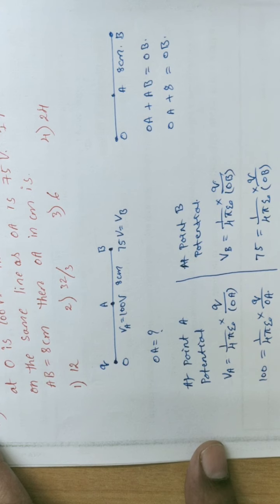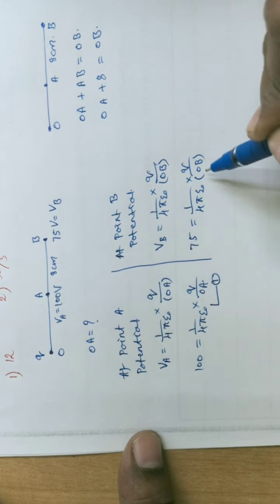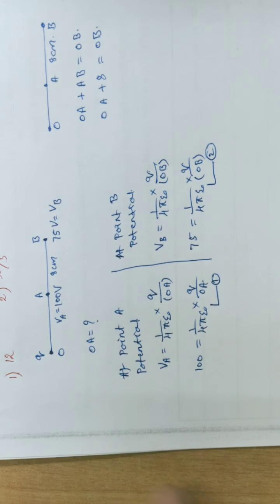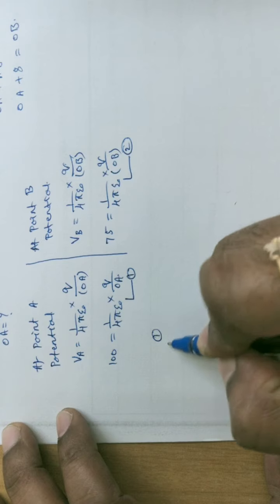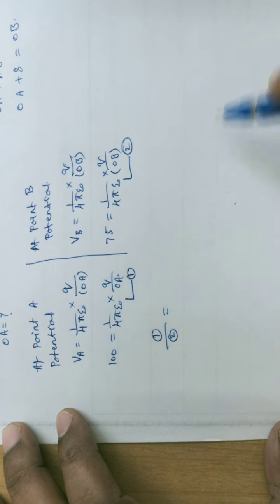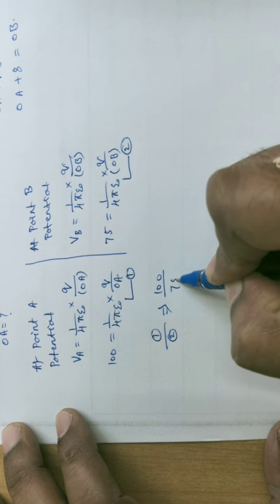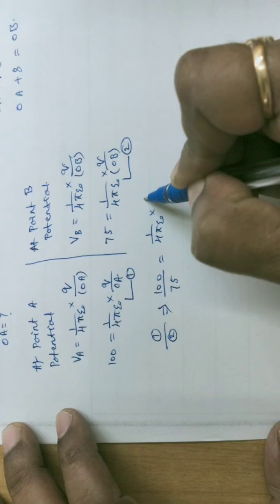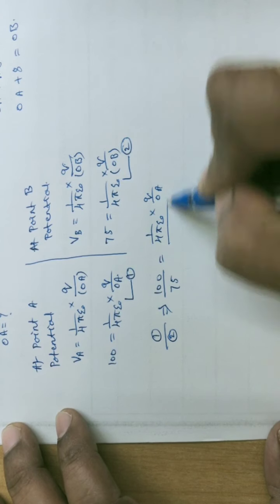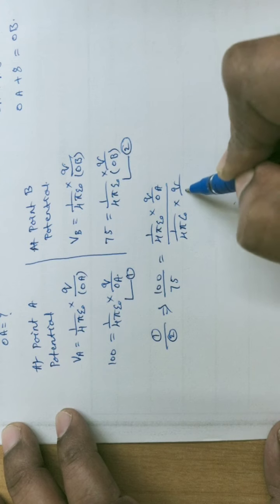Students just observe here, this I am taking as equation 1, this as equation 2. For simplification I am writing 1 divided by 2: 100 divided by 75 is equal to 1 by 4 pi epsilon naught into Q divided by OA, whole divided by 1 by 4 pi epsilon naught into Q divided by OB.